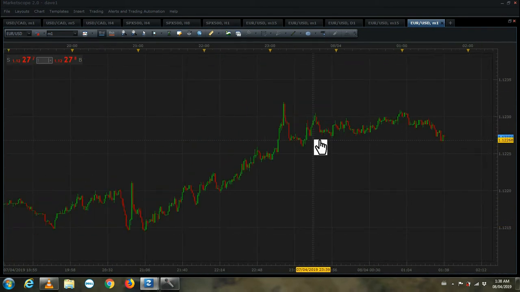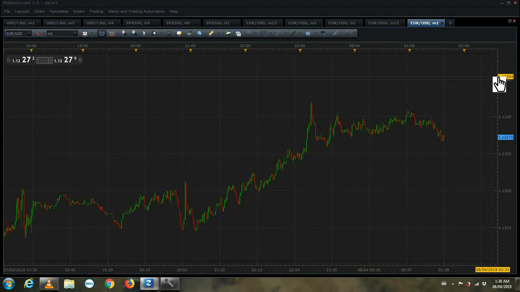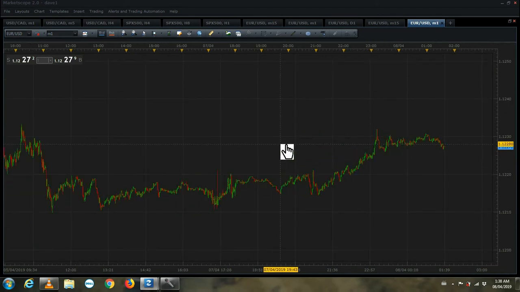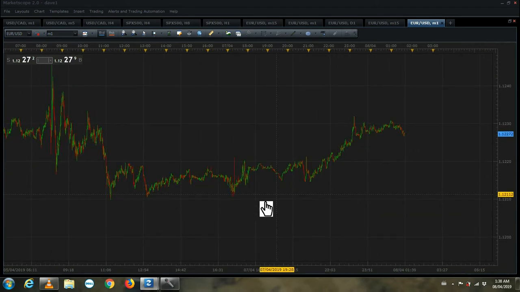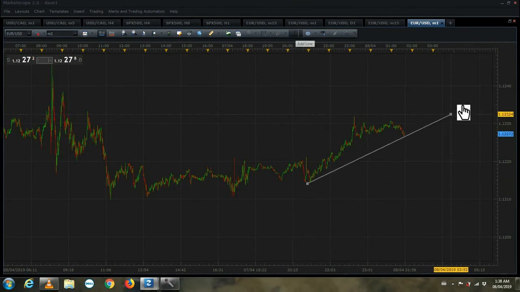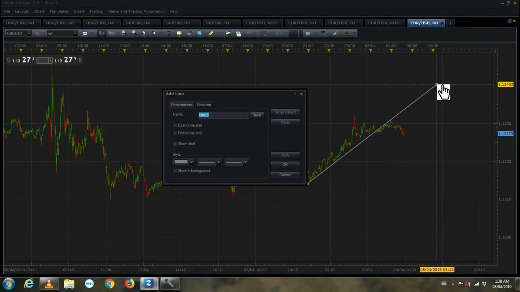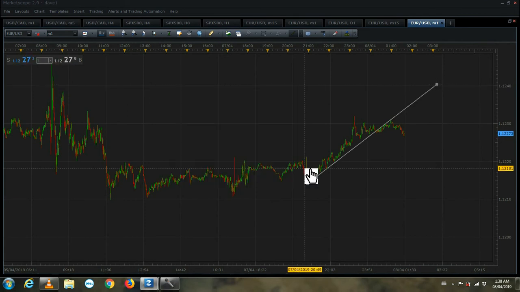So looking at this on the 1-minute, that clearly indicates we're in a bit of an uptrend for the last little bit. And it kind of broke that uptrend it was on.